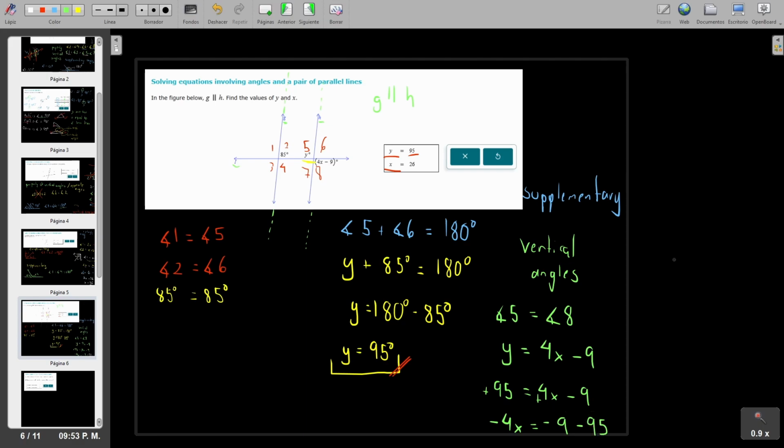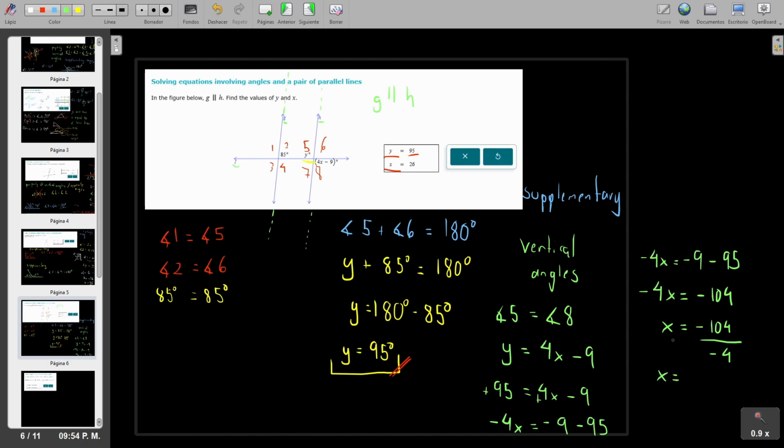I'm going to continue here. It's going to be minus 4x equals minus 9 minus 95. If we do this operation, it's going to be minus 104 equals minus 4x. We put the whole multiplication, including the minus 1, to the other side dividing, so it's going to be minus 104 over minus 4.